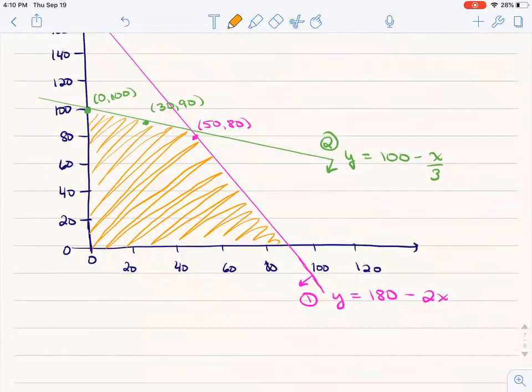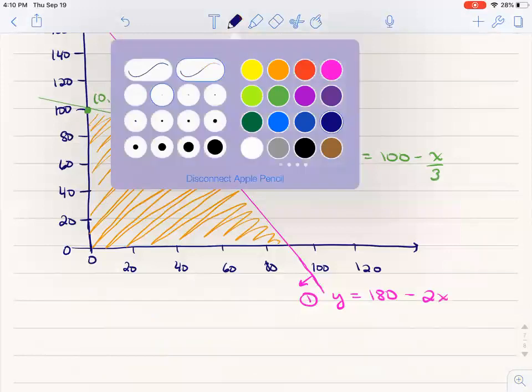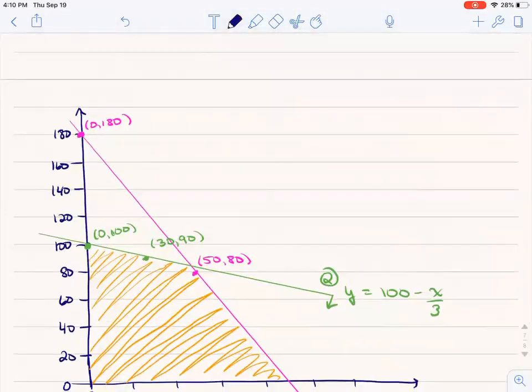Well, so step 2, find the feasible set. And I'll just do a little arrow here.